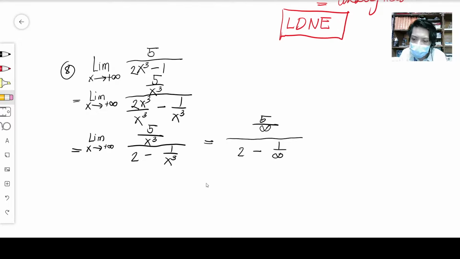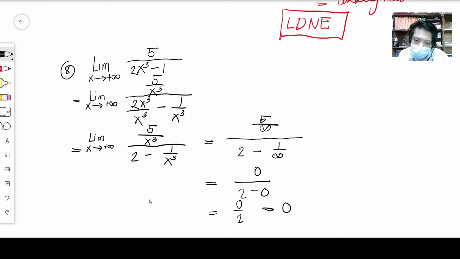Okay. So this is equal to 5 over infinity is 0, over 2 minus 1 over infinity is 0. So this is equal to 0 over 2. 0 over 2 is of course 0.